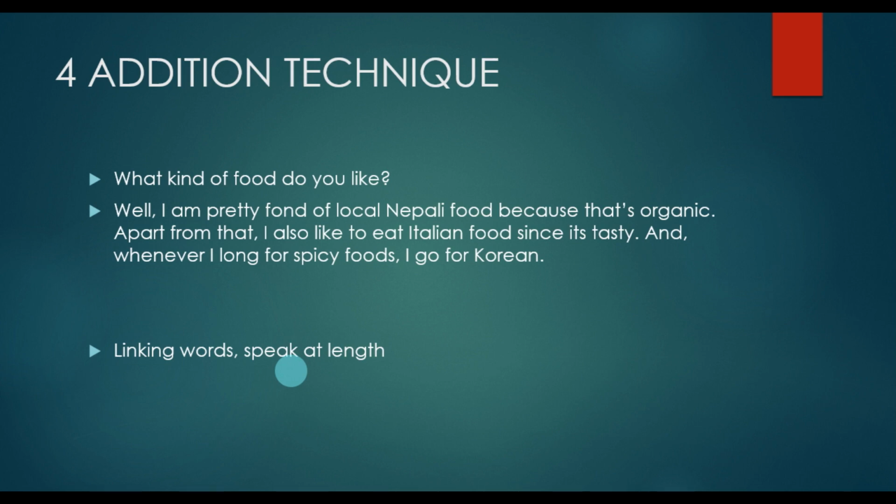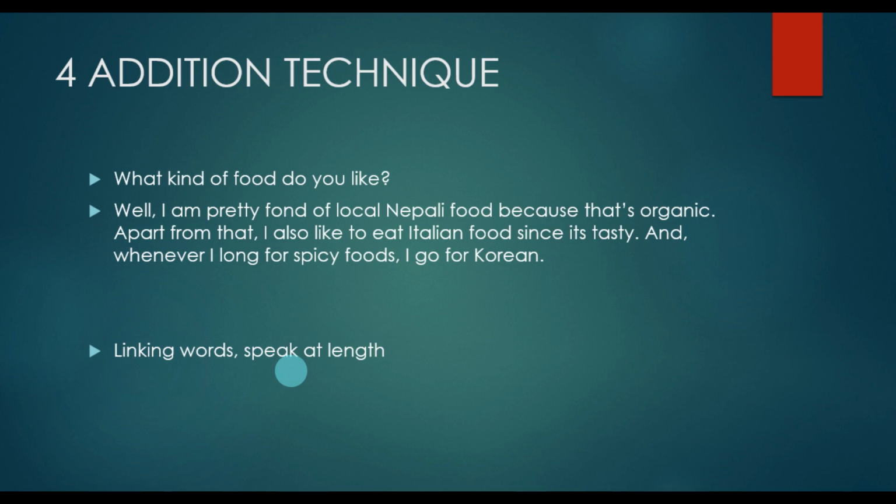Same in case of, what kind of food do you like? Well, there are three kinds of food that I'm really keen on. The one I like best is local Nepali food because that's organic. I also really like to eat Italian food since it's tasty, and whenever I long for spicy food, I go for Korean.